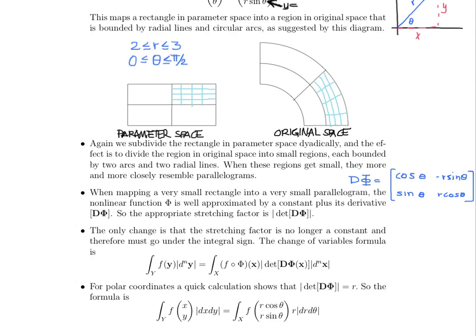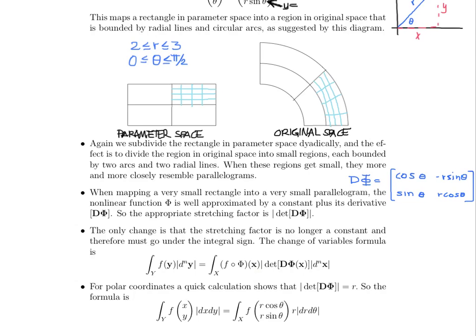Note that instead of everywhere we see an x, we'll plug in r cosine theta. Everywhere we see a y, we'll plug in r sine theta. Then we'll multiply by the determinant of d phi. That accounts for any stretching or scaling of volume.